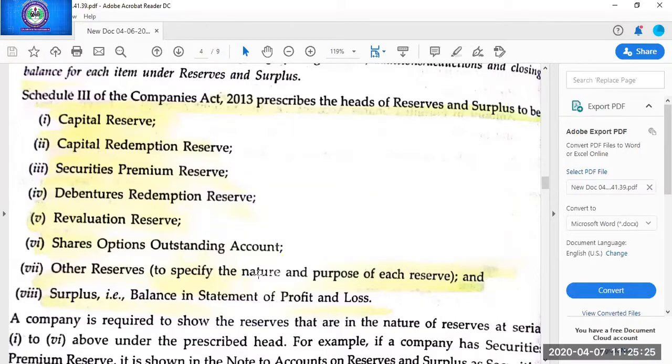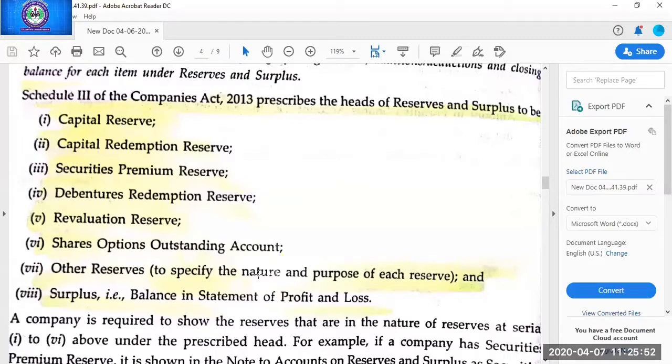In the same sequence, it can also be that you have to make the note for reserve and surplus. All these 8 points are examples of reserve and surplus, and you have to write them in sequence. Like capital reserve, capital redemption reserve, you have to just learn them with their names, because the detailed explanation you will understand better in Book 2.